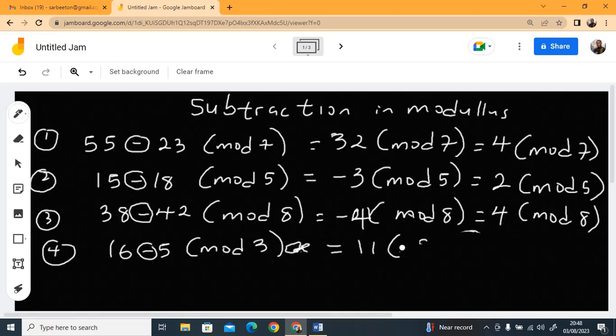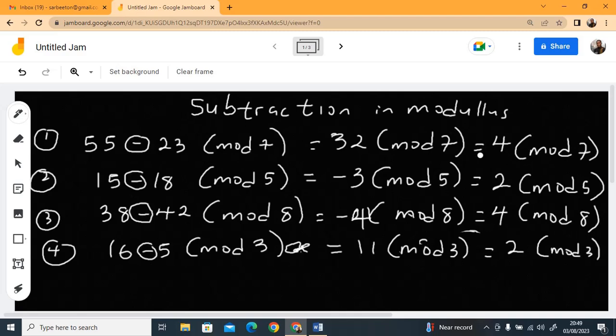So 11 mod what? Mod 3. Now 11 mod 3: 11 divided by 3 gives 3 remainder 2. That is 3 times 3 is 9, 10, 11 to go on to get to 11. So that is remainder 2. 2 mod what? Mod 3. That is that for that one. So it's very simple and easy.